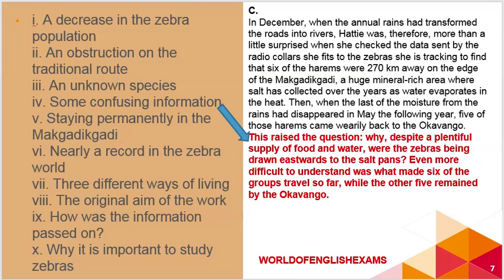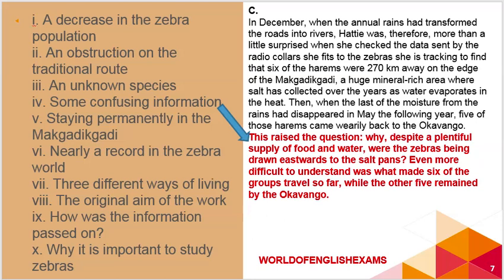Yeah, so there is some sort of confusion. Now, which title fits this? Some confusing information, because there are some confusing points that are still unanswered. So that's the reason the appropriate title is 4. So just beside C, please write 4.